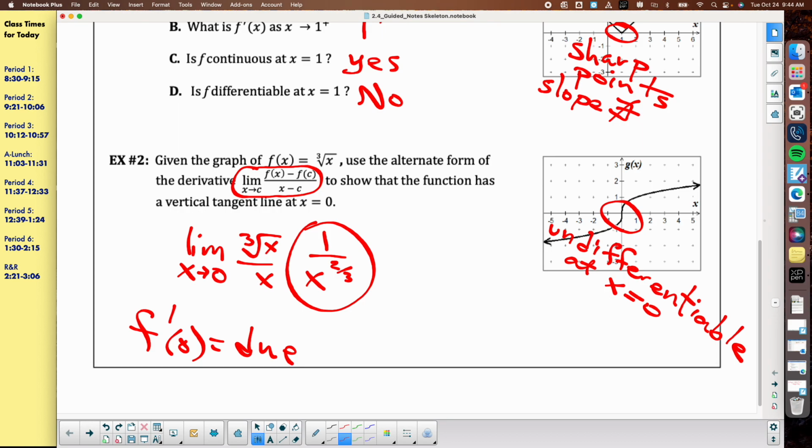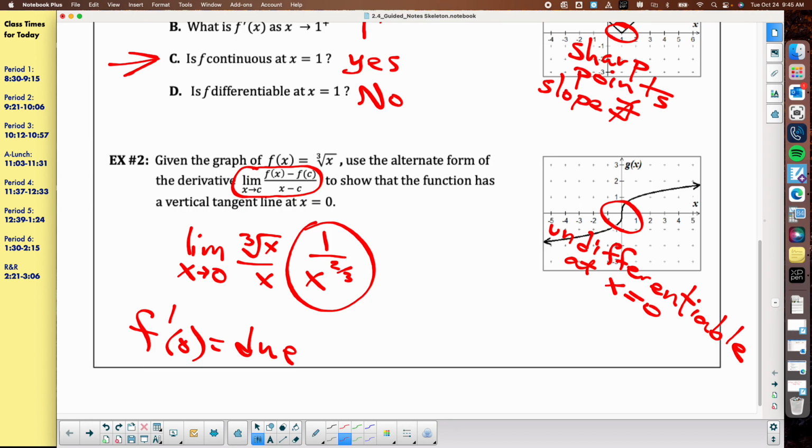Okay, now the next thing. In that first example, it was trying to show you that being continuous does not guarantee something is differentiable. Both of these problems are examples of that.